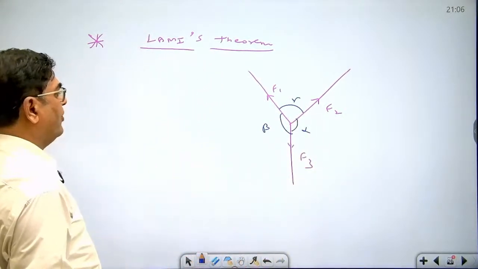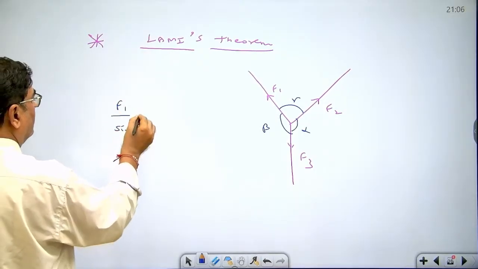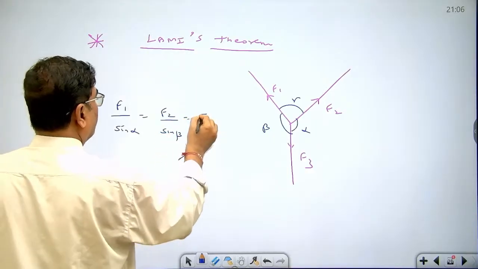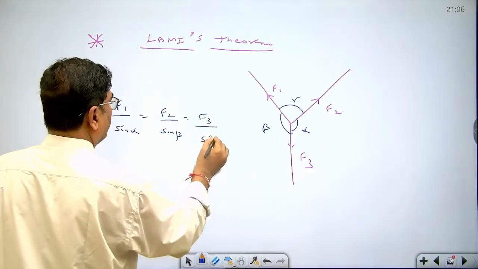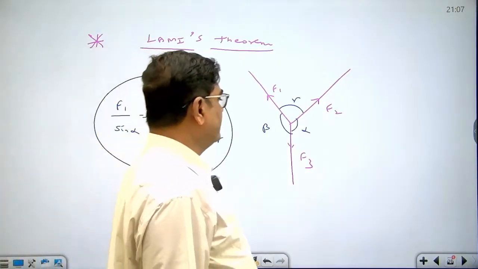Then if the body is in equilibrium, we can write F1 upon sine alpha equal to F2 upon sine beta equal to F3 upon sine gamma. This is the equation in equilibrium. This is called Lamy theorem.